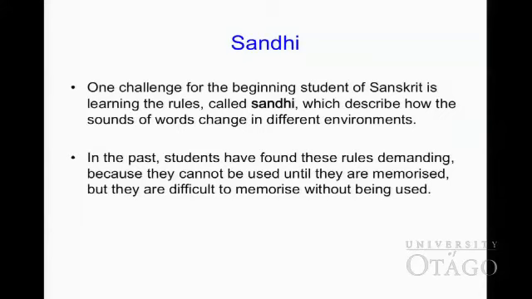In the past, students have found this rule demanding because it cannot be used until it is memorized, but it is difficult to memorize without being used. So the important thing is that you have to practice every day and do the exercises that are in every lesson.